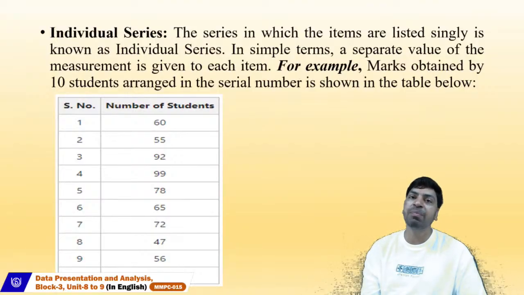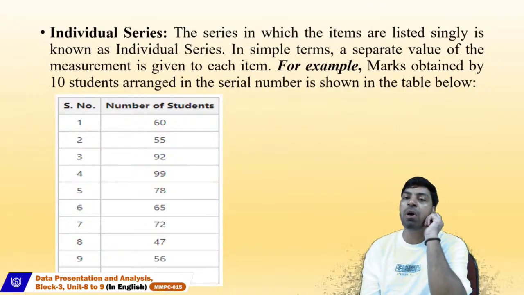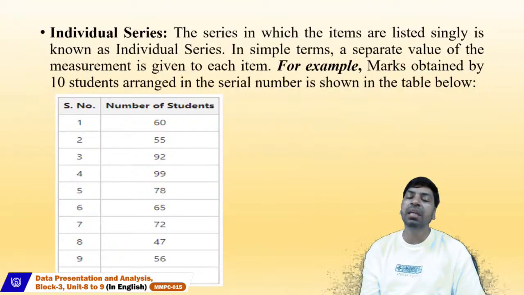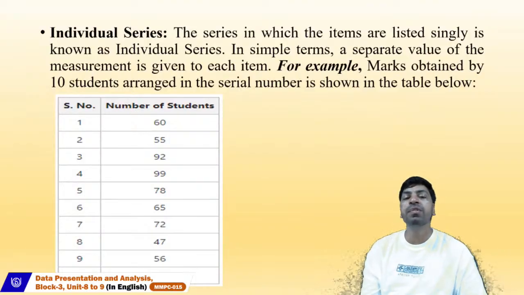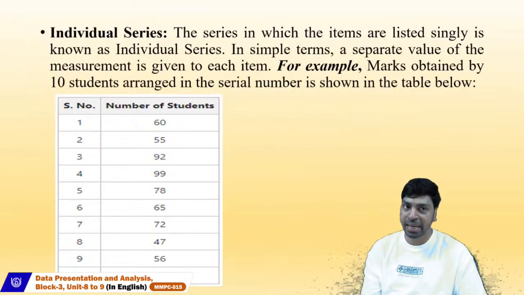It's shown in the table below. So the serial numbers are given 1 to 10 and the marks of students are given 60, 55 and so on till the 10th serial number is 88. So of course the marks have been increasing consistently. It reaches the highest figure, that is 88.